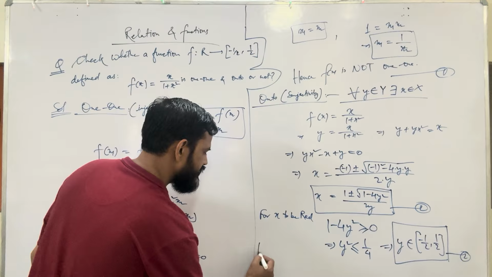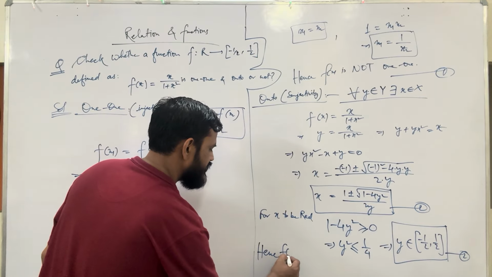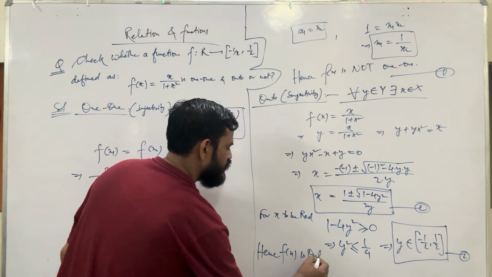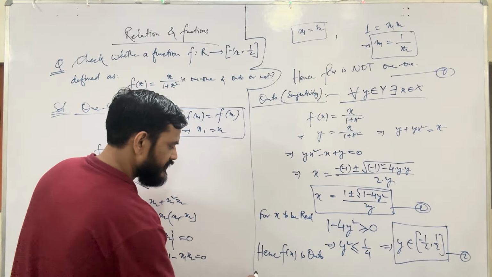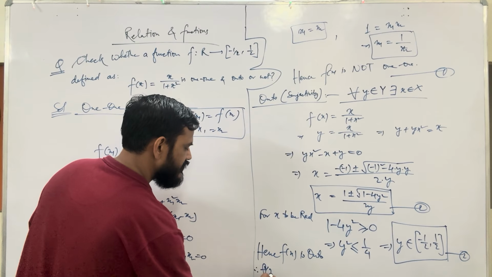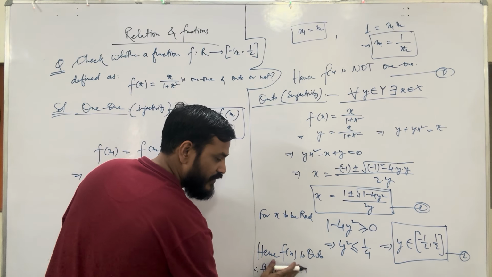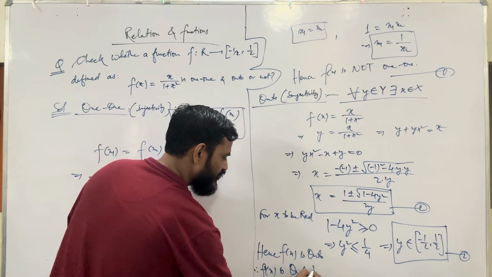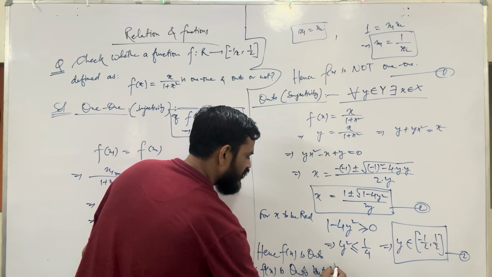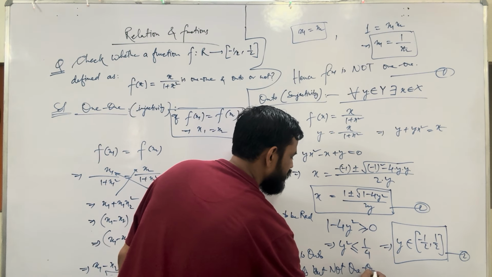Hence f(x) is onto. Therefore the function is not 1-1, but it is onto. Onto but not 1-1.